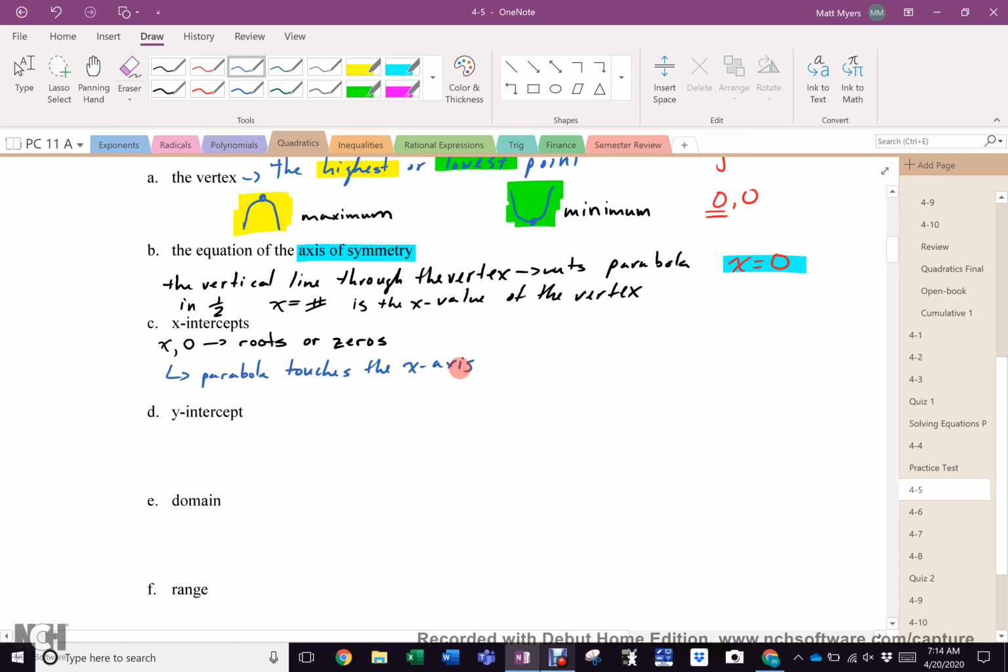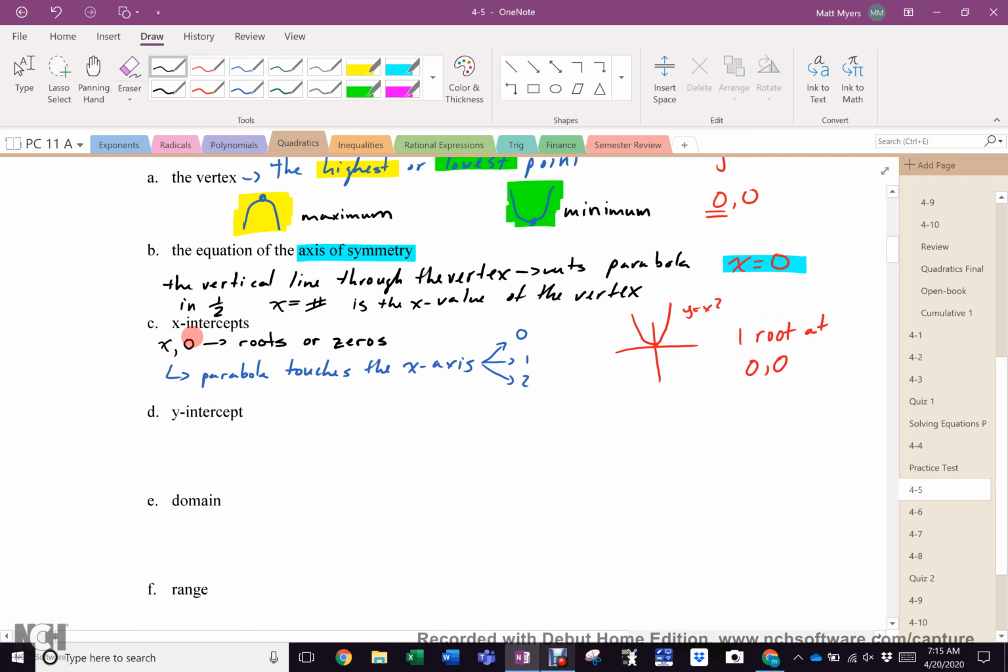Now you know that the parabola can only touch the x-axis in 3 options. It can touch it never, it can touch it once, or it can touch it twice. Now, let's remember, in y equals x squared, it comes right through here. How many times does it hit the x-axis? Once. X equals 0. Oh, sorry. There's one root at 0, 0.